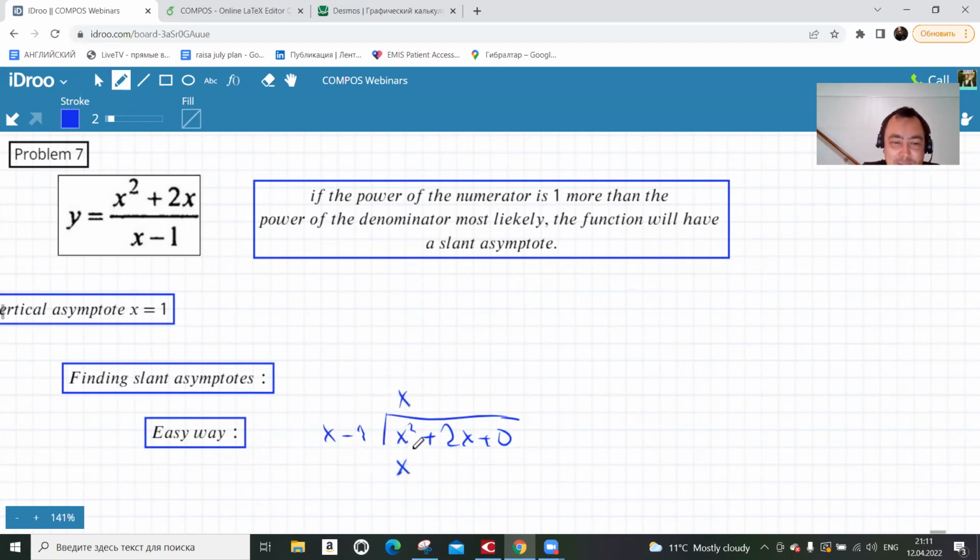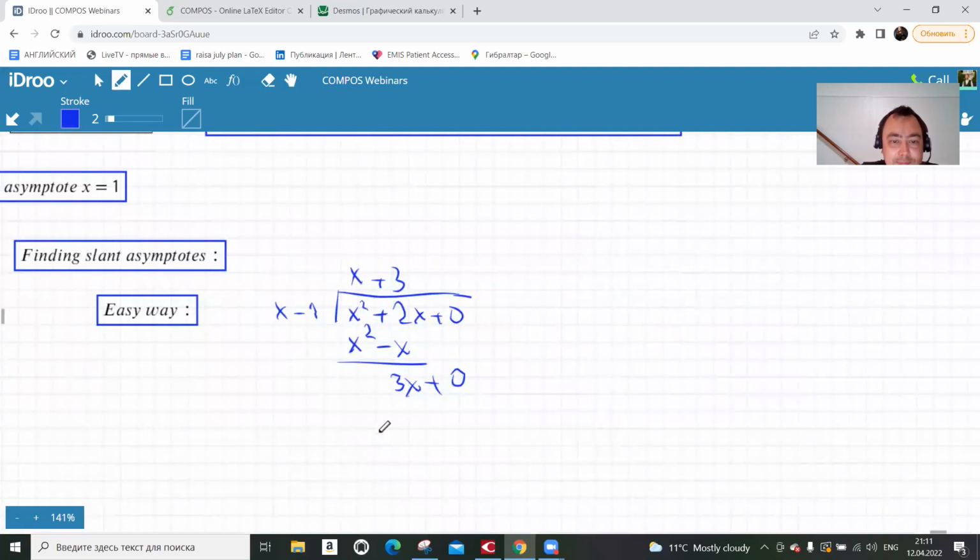So x squared minus x, subtract, so there's going to be 3x plus 0. x goes into 3x 3 times, plus 3. 3x minus 3, and the remainder is 3.